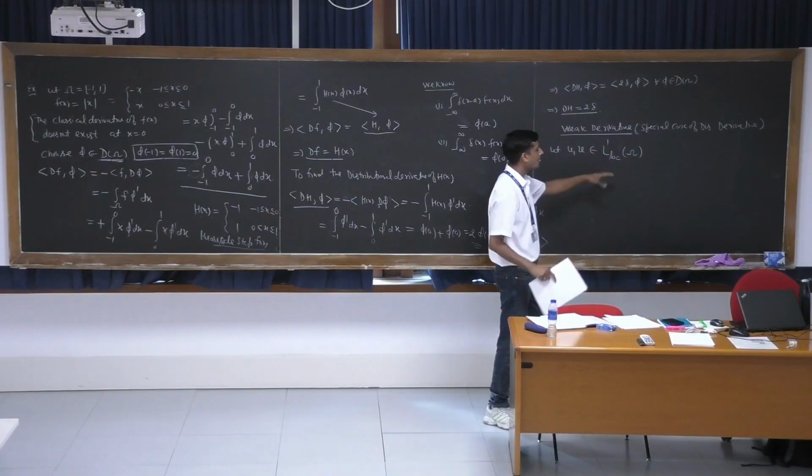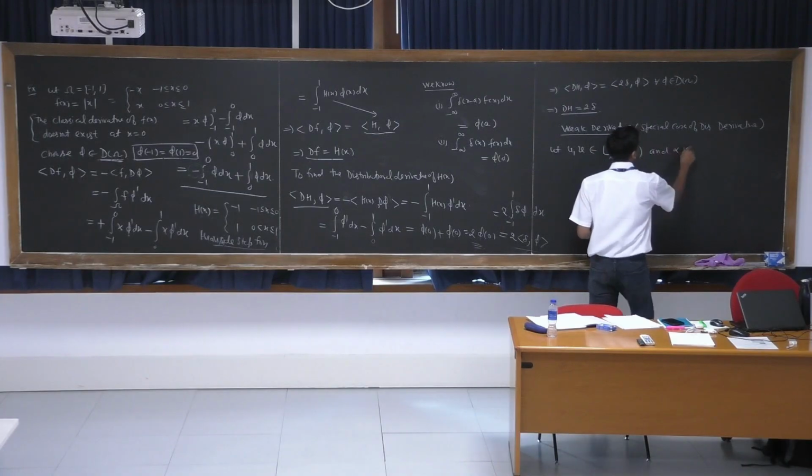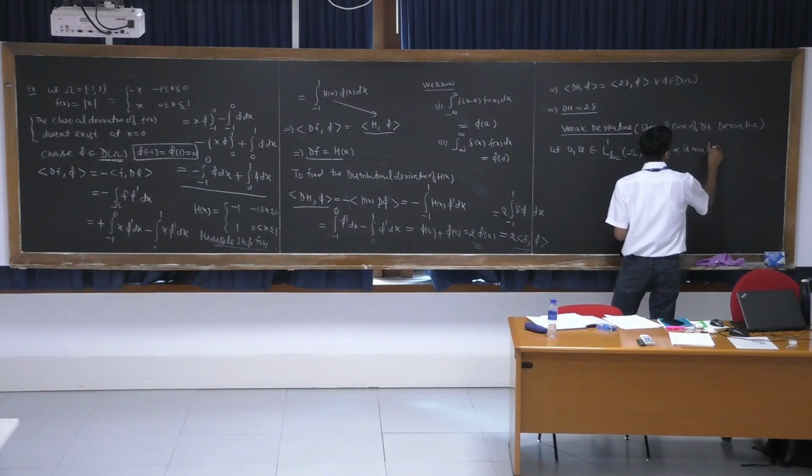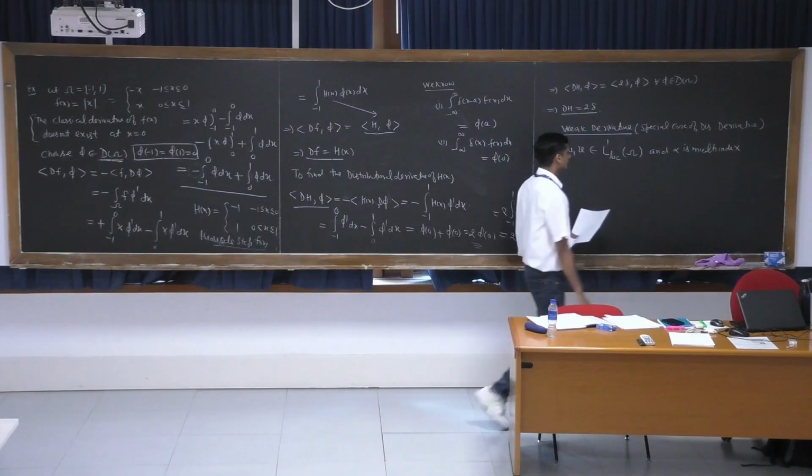Yesterday we defined what the local L1 space is. And alpha is a multi-index parameter, as we defined in the last lecture.